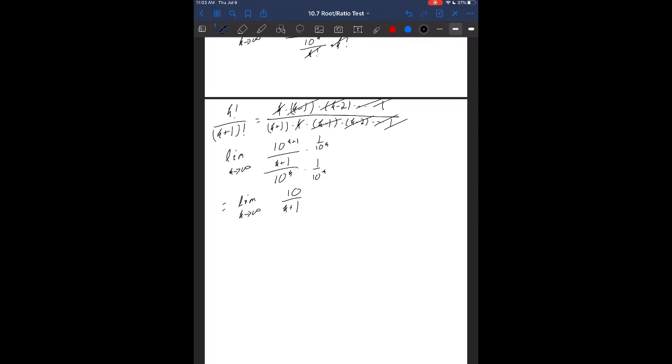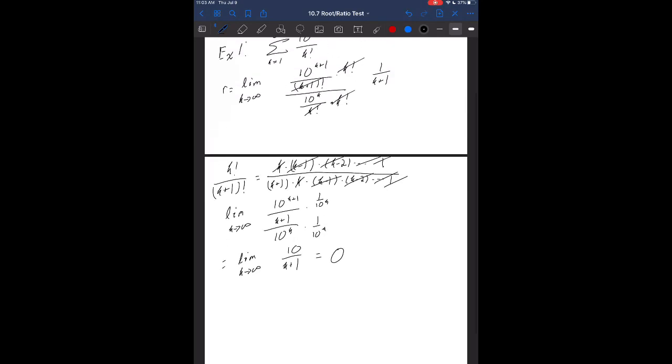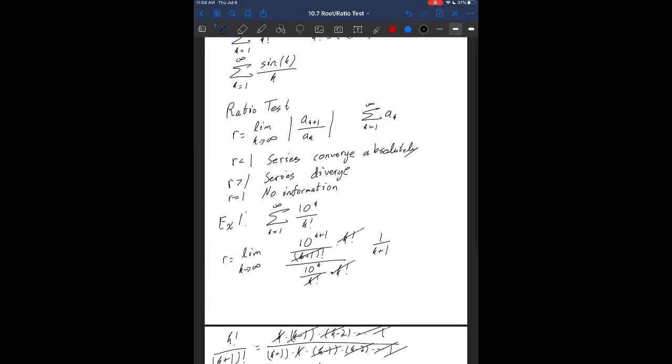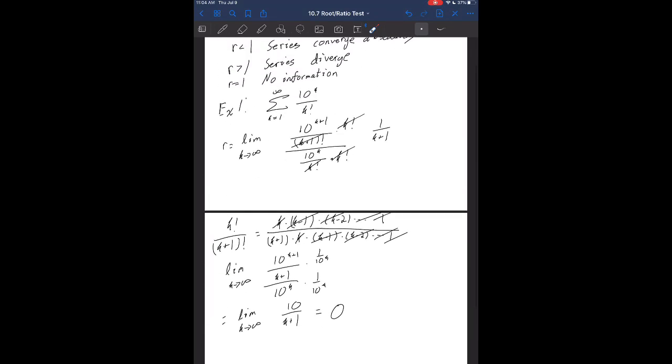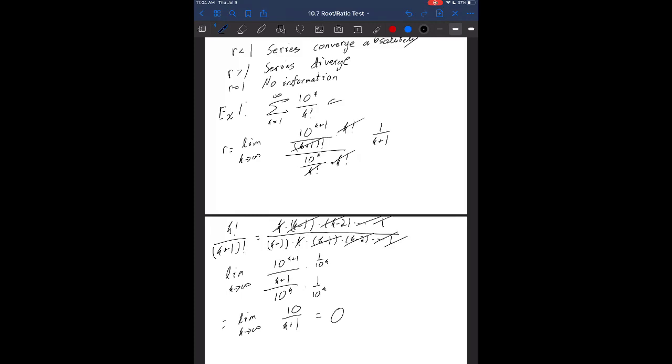And now this is something that we do know how to solve. As k gets bigger and bigger, this limit is going to go to 0 because we're dividing by a bigger and bigger number. So this is 0, which is my r value. I am in the case where r is less than 1, and so I know that this series converges absolutely.